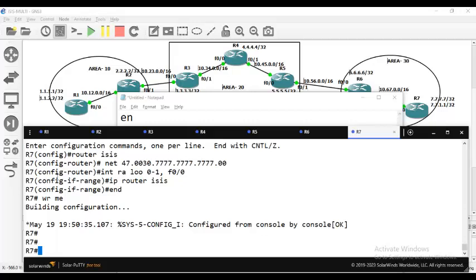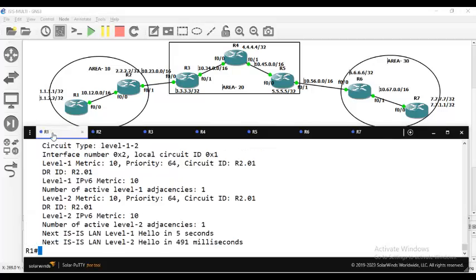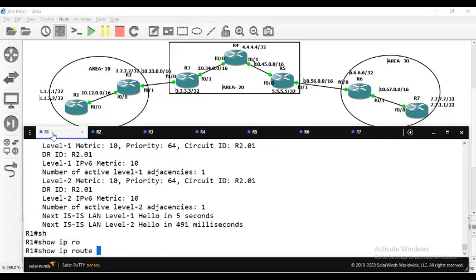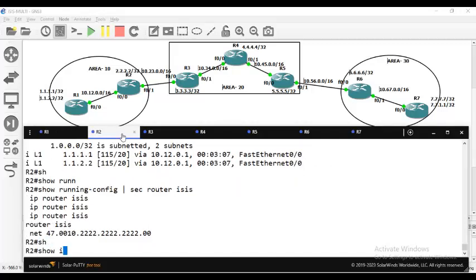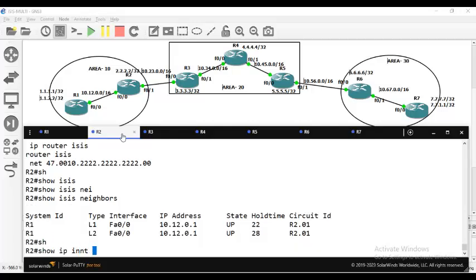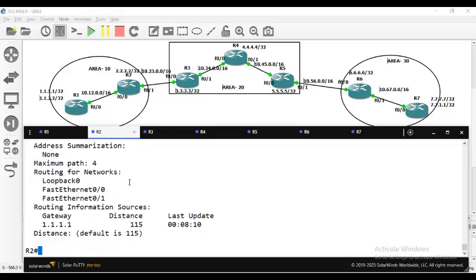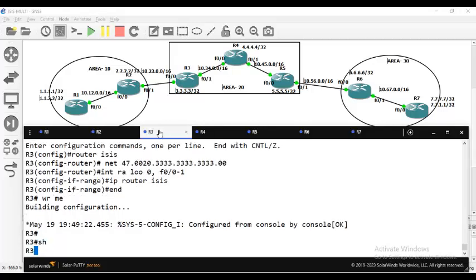Show IP interface, show IP protocol. I can see F01 running. Show ISIS, show IP protocol, even here. Then what is the problem? Show ISIS interface. No, I don't want to use this. Show ISIS neighbor. It has got a neighbor with 4, but there is something wrong between 3 and 2.